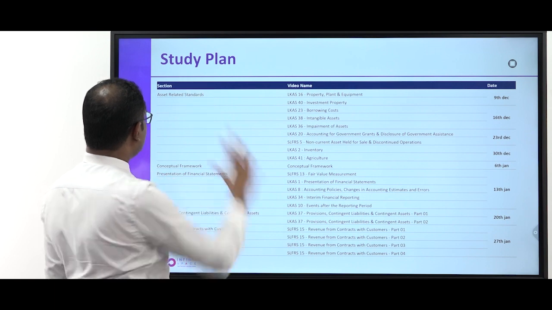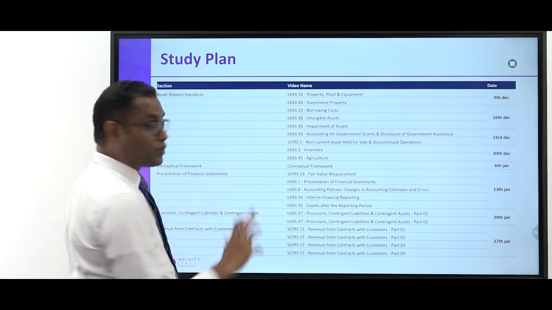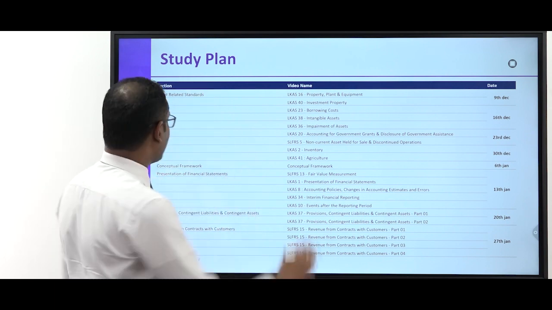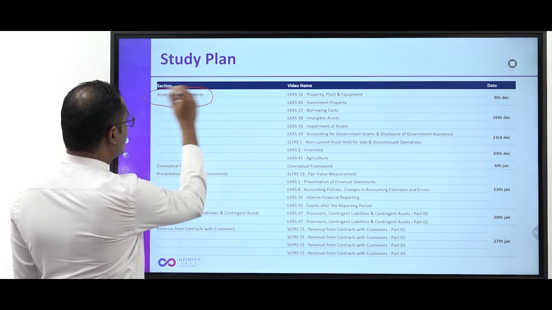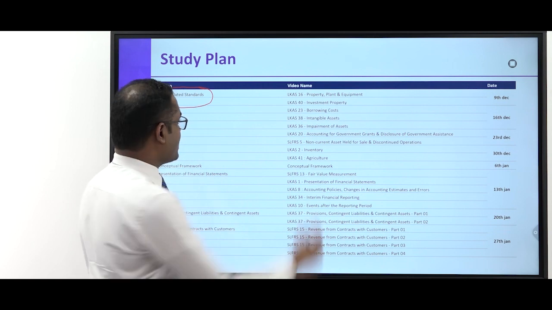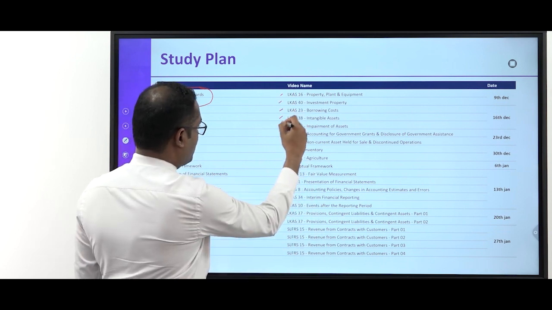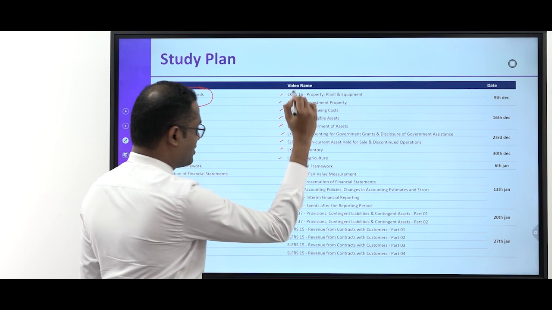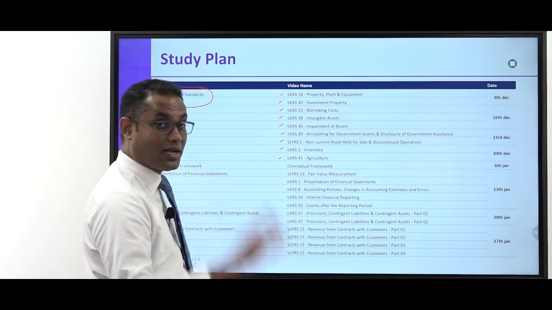So the first section is asset related standards. Good news is all the asset related standards are now uploaded into the LMS. There are 9 asset related standards, 1, 2, 3, 4, 5, 6, 7, 8, 9. All 9 standards are available in the LMS.